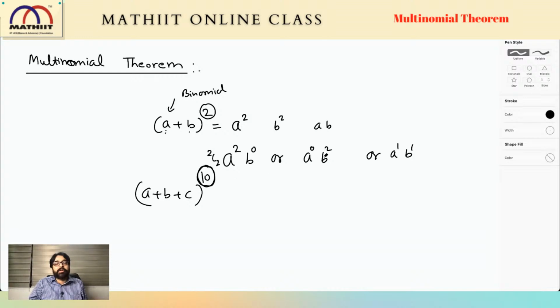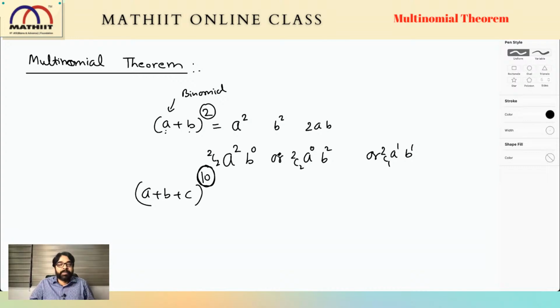B wants to take two objects, he can take 2C2. A wants to take one object, 2C1 ways. Now you'll say, sir, B also. The moment A takes one object, automatically the balance object will go to B. 2C2, all of you know that is 1. That is why the coefficient of A square B0 is 1. And the coefficient of this will be 1. Here also coefficient 1, but here coefficient 2 will come.